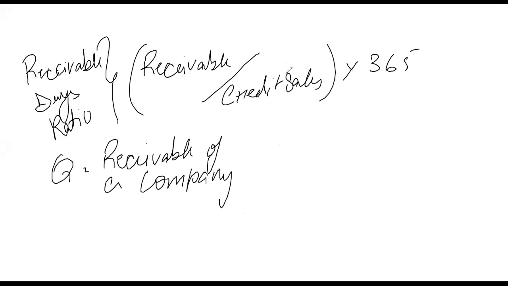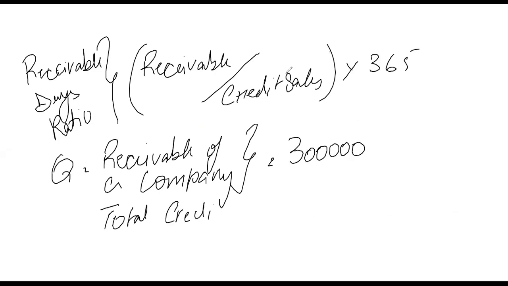Let's make the simplest form of example. Receivables of a company are, let's suppose, 3 lakh rupees, and the total credit sales are, let's suppose, 7 lakh rupees.